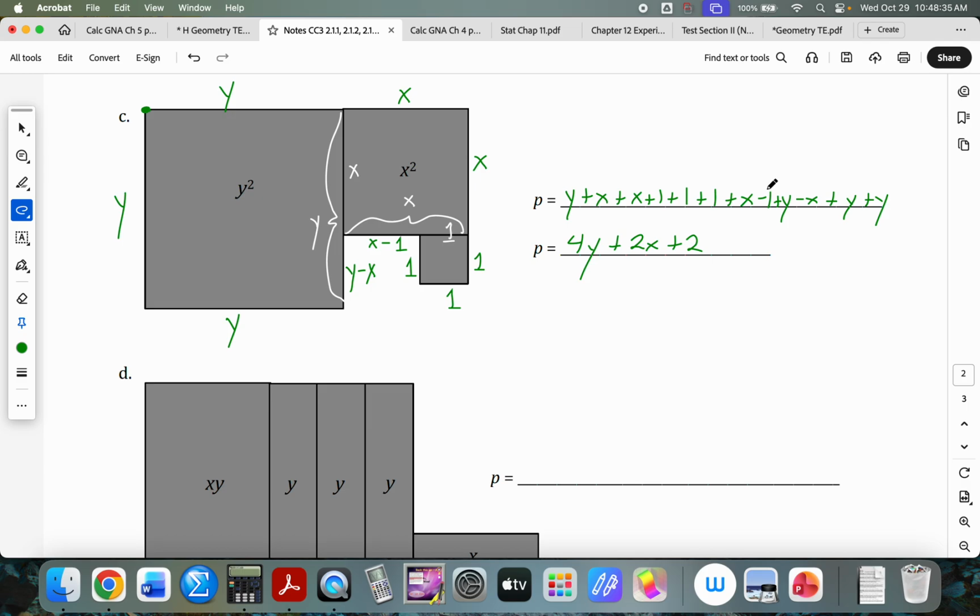So that makes a total of 2 positives. Oh, okay. And then the same thing is true for the x's. There's 1, 2, 3 positive x's, but then this is a negative x. So you've got 3 positives and 1 negative. That makes 2 positives. Okay?